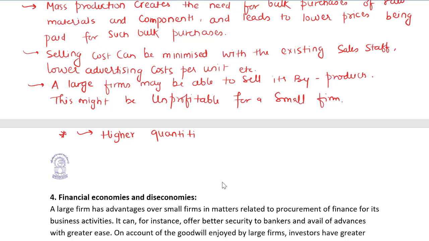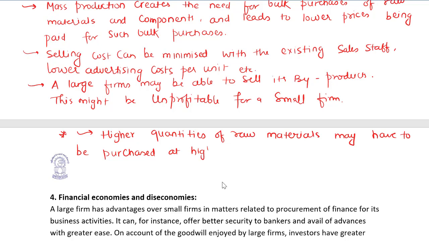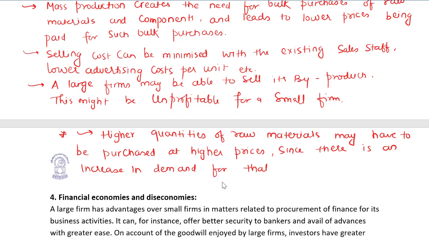Higher quantities of raw materials may have to be purchased at higher prices, since there is an increase in the demand in the market for that raw material.